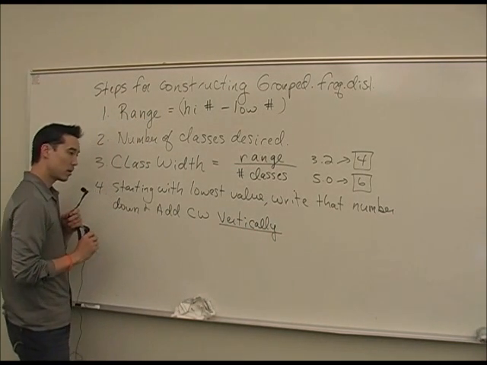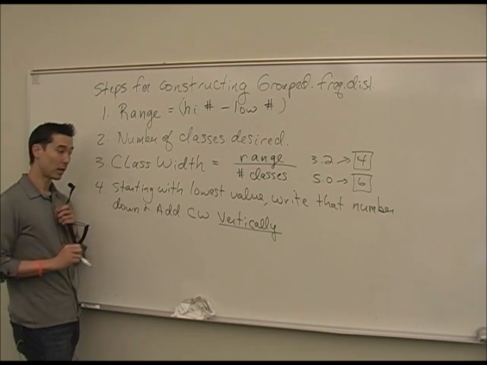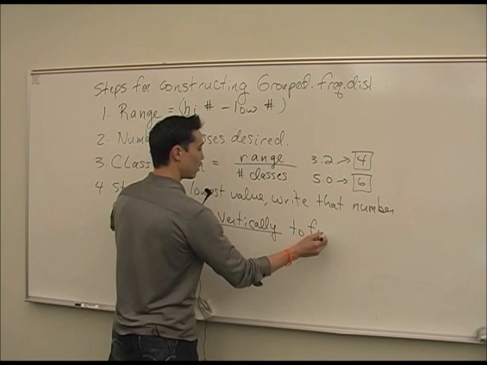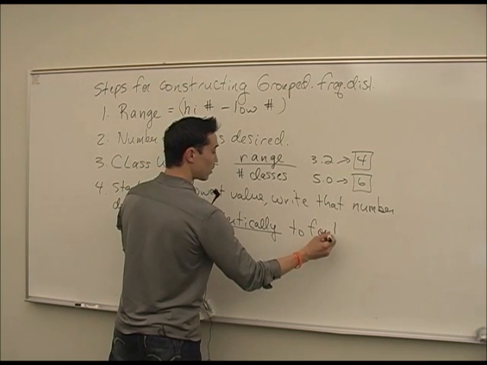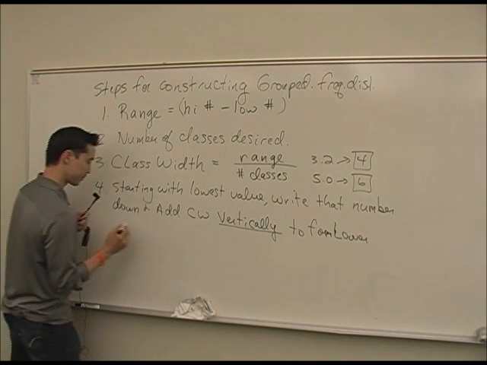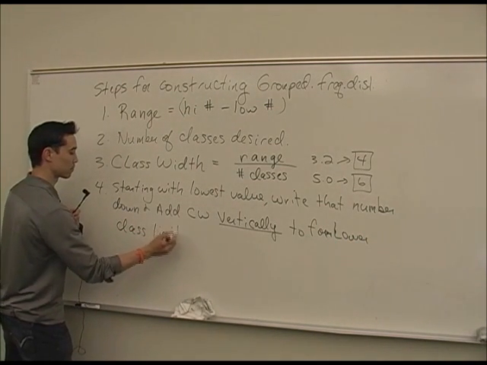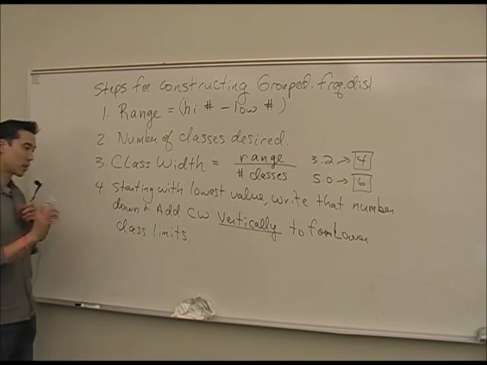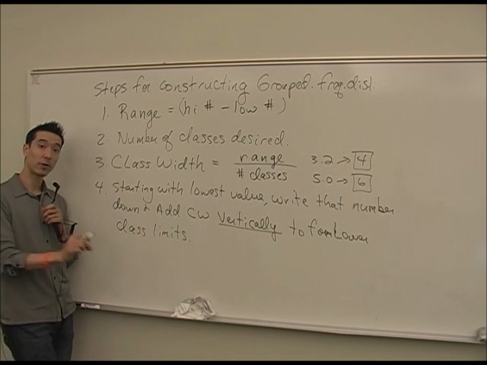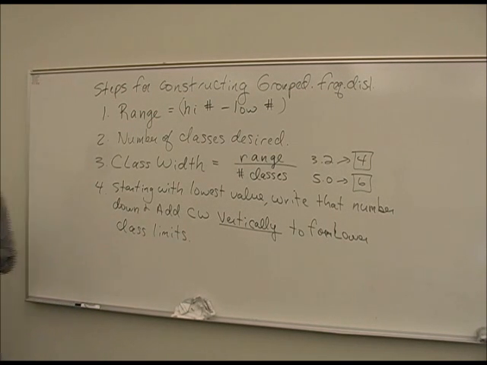Underline vertically, because that's a mistake that a lot of students make, to form what we call lower class limits. Start with the lowest value in your data, write that number down, and then add your class width vertically, and that's going to formulate lower class limits. And when we do an example, hopefully this will be much more clear.